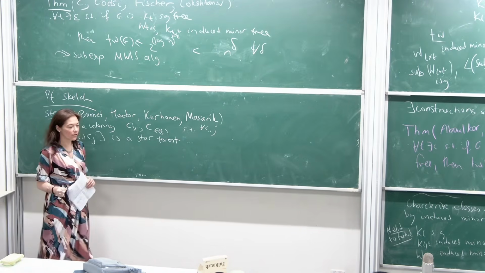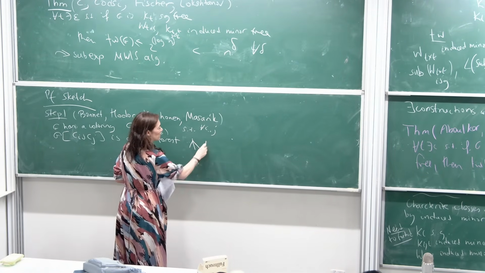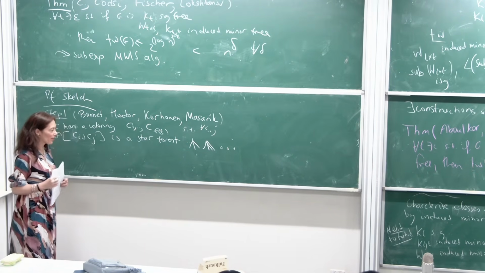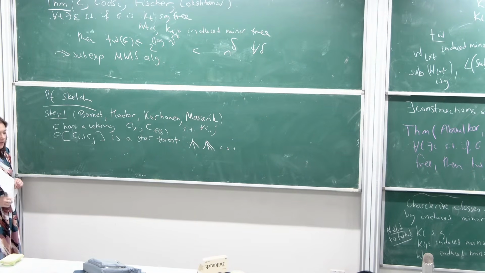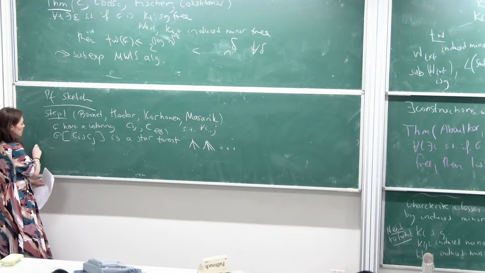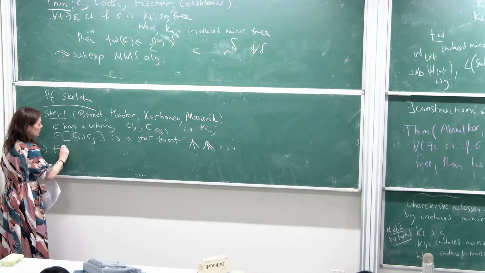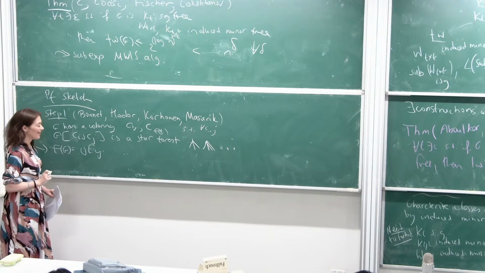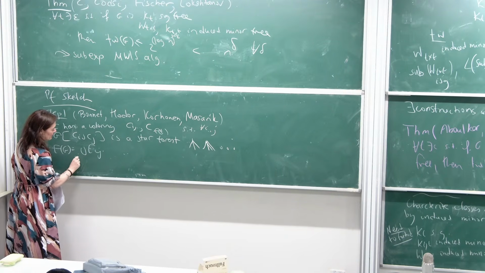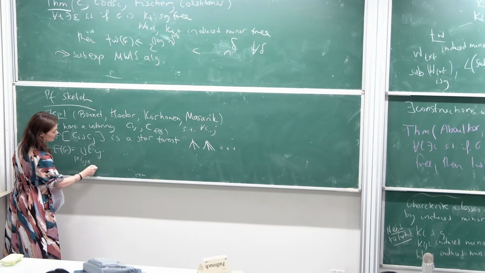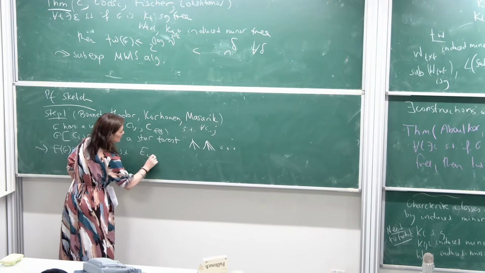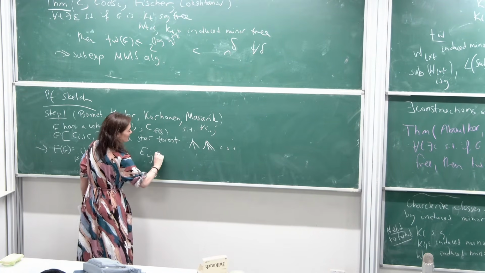So what's a star forest? It's a forest where every component is a star or an isolated vertex. And that tells you that the edge set of G is the union of sets Eij such that Eij looks like this.